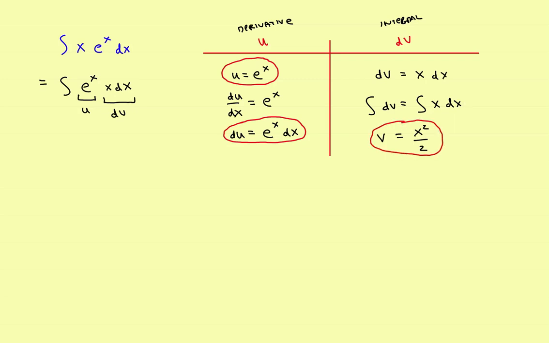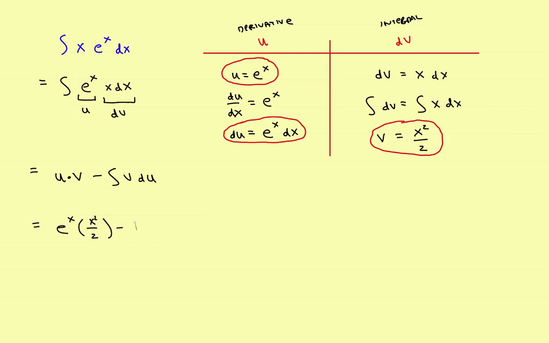So remember, in your formula, you need 3 parts. You're going to set it up as u times v minus the integral of v du. So now you can just plug in what you've got. So for u is equal to e to the x, so that'll take care of that one right there. Then v is equal to x squared divided by 2.